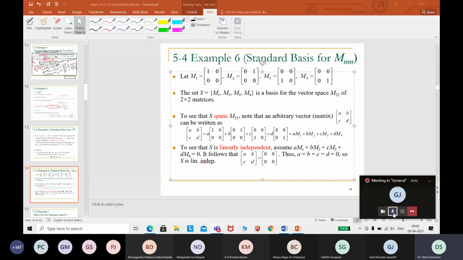No answers till now. M1, M2, M3, M4, are they linearly independent? C1 M1 plus C2 M2 plus C3 M3 plus C4 M4 is equal to the zero matrix, 0, 0, 0, 0. What are the values of C1, C2, C3 you are getting?